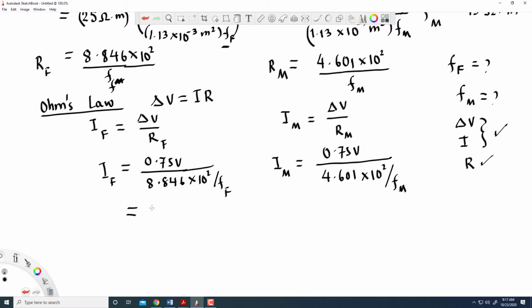So that's 8.47 times 10 to negative 4, and this F sub F goes on the top. Okay, this goes top here, numerator, f sub f.